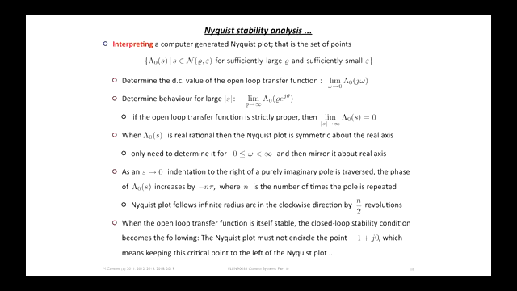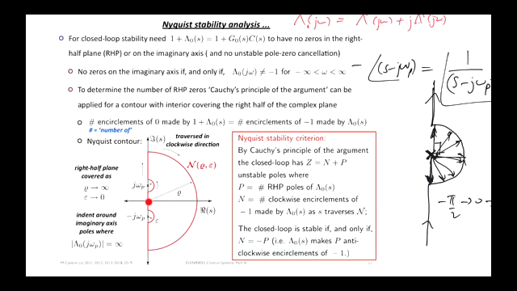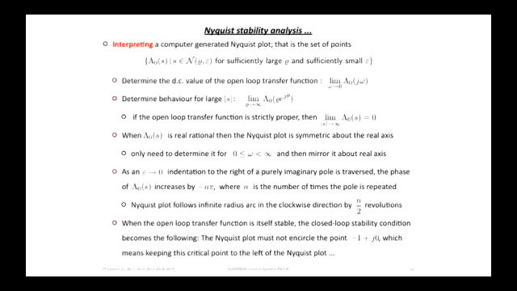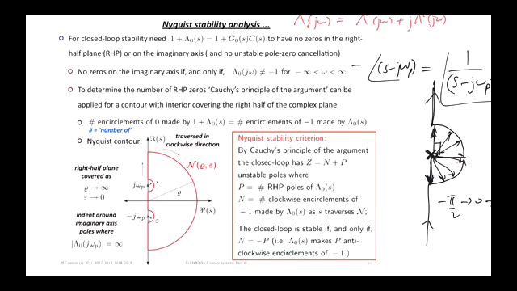So we're starting here and going up and around, right? So we're starting at ω equals 0, and that would be a good point to try to identify on the so-called Nyquist plot. Often we will be dealing with proper open loop transfer functions, and in fact strictly proper open loop transfer functions.